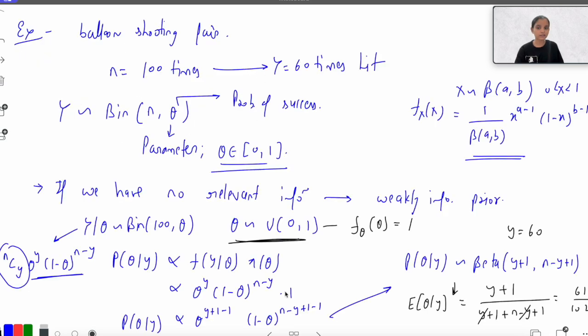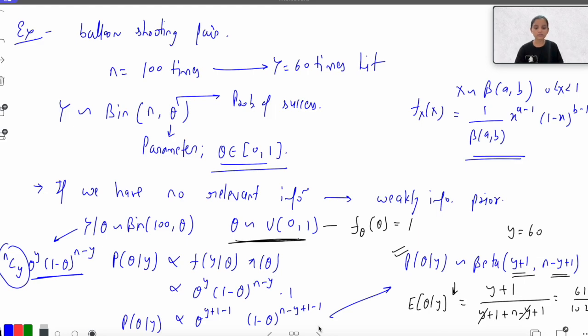Now as you can see, this prior distribution is non-informative, as it does not have any parameter, right? The distribution does not have any parameter, so the posterior corresponding to it does not have any prior parameter in the formula corresponding to it.